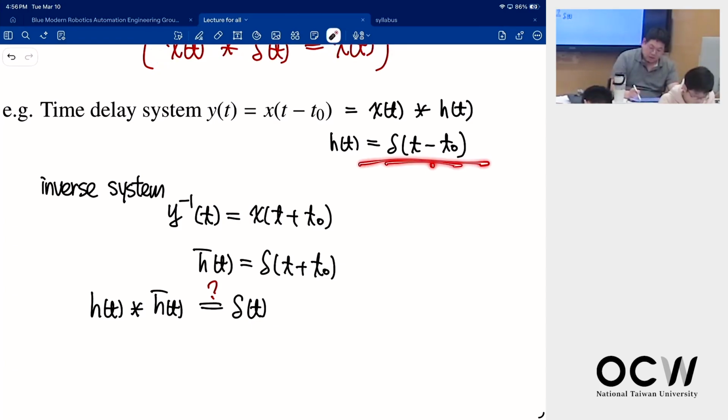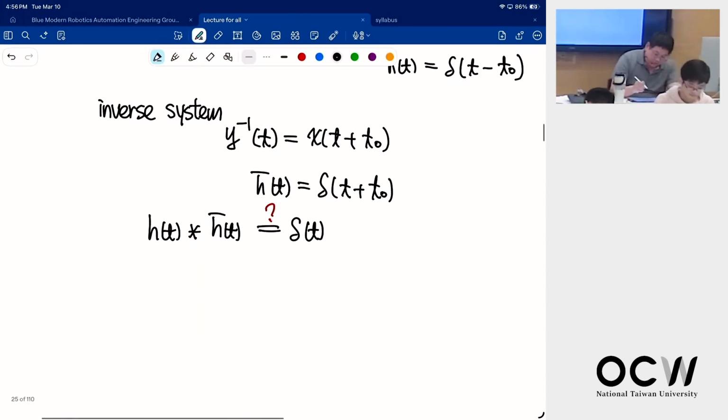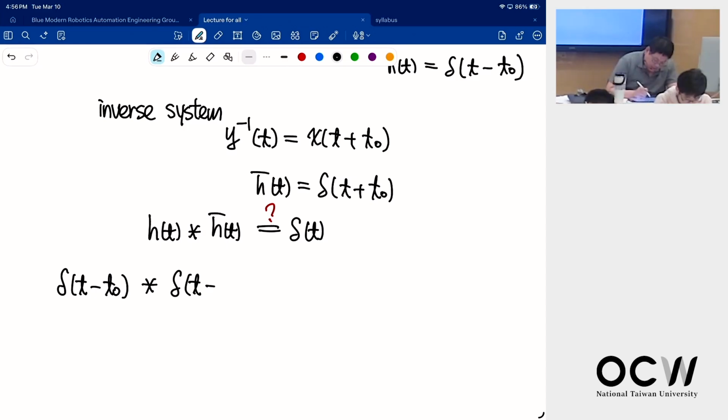Let's see what is h. The delta function shifted to the right by t naught, and h bar, the delta function shifted to the left by t naught. So we have delta t minus t naught convolved with the delta function shifted to the left by t naught.